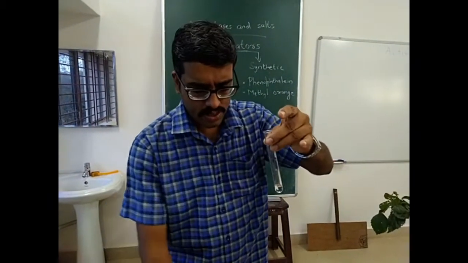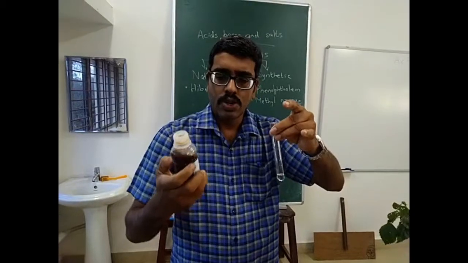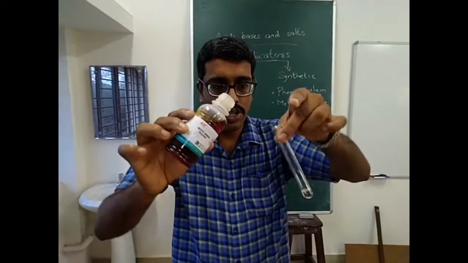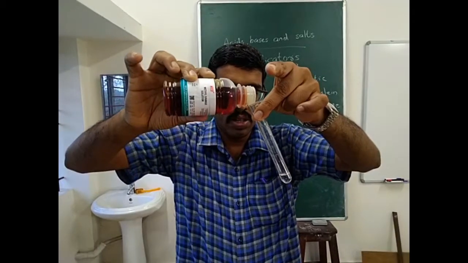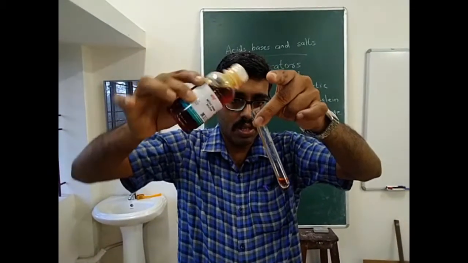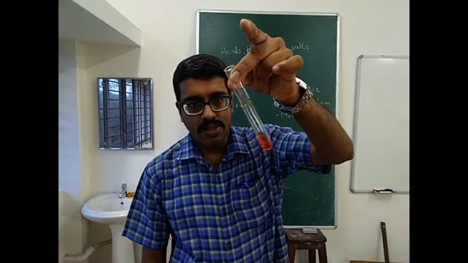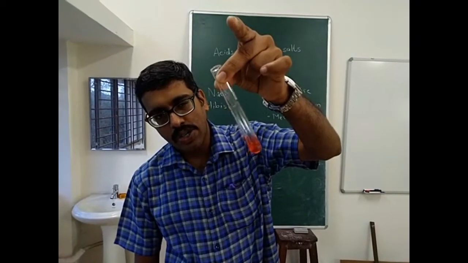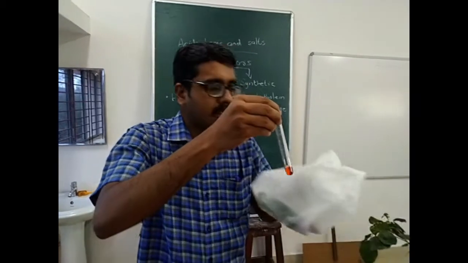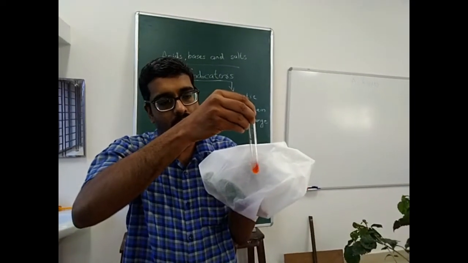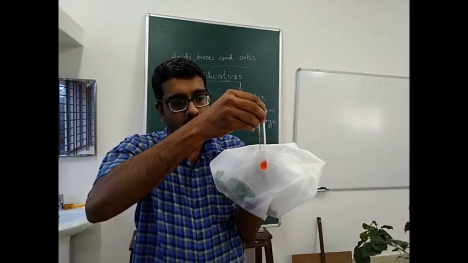Any acid you can use. So now I am going to pour 2-3 drops of methyl orange solution. Methyl orange to acid. Somewhat orange color, golden orange you can say, with the acid.